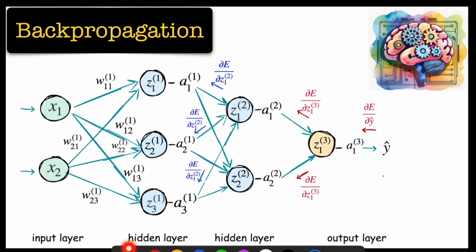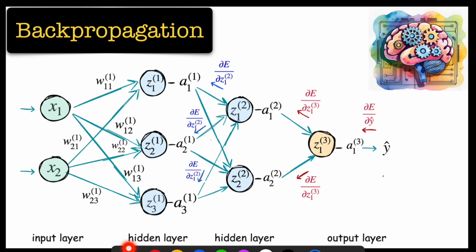So del E del y hat we calculated here, right, from here, and this del E del y hat is used to calculate del E del Z13. Del E del Z13 is used in both the paths, right? Because Z13 is a weighted combination of both A12 and A22.